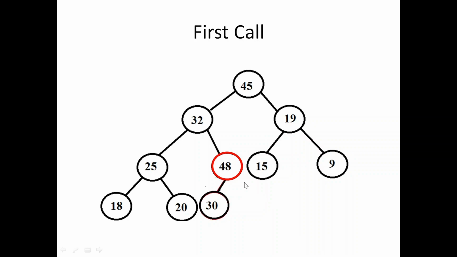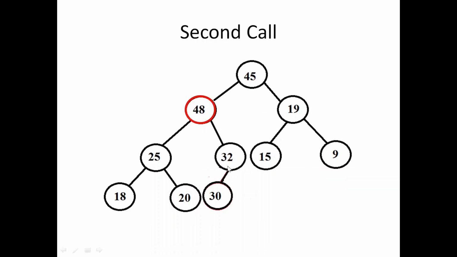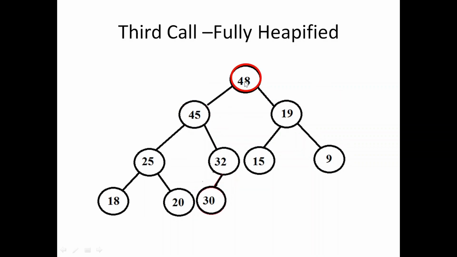This swap will result in 48 and 30 becoming like this, and since it's a recursive call, now the new parent will be compared with the child. So 48 and 32 are compared, and again it will lead to a swap, and this will continue till 48 reaches the root. So this is the idea behind the algorithm.